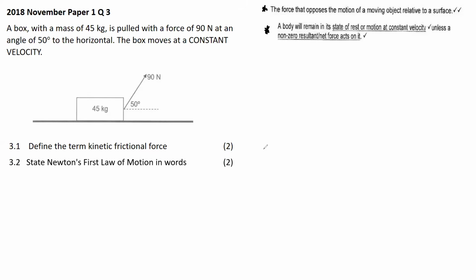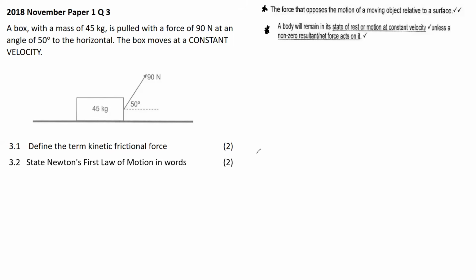That's basically the long and short of it. All right, so write down these definitions as you see them.